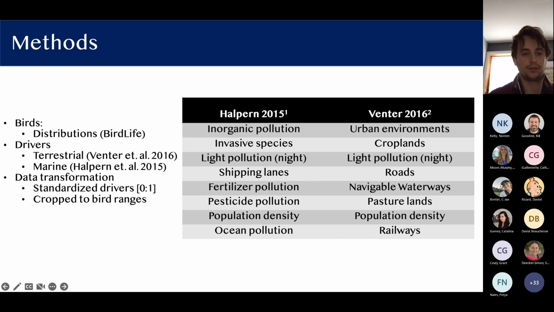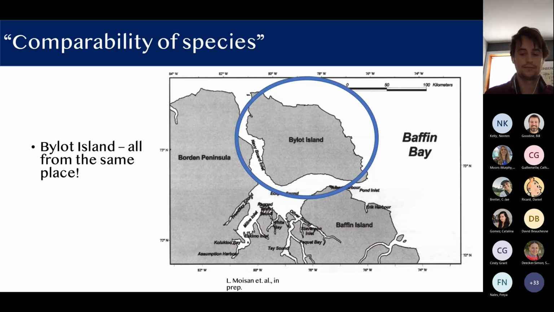And for our data transformation, we used a simple logarithmic transformation to allow a comparison between these 2 different data sets. And then once we did that, we cropped the drivers to our selected bird ranges in order to use that methodology, that multiplication that I showed before, to get the desired effect.